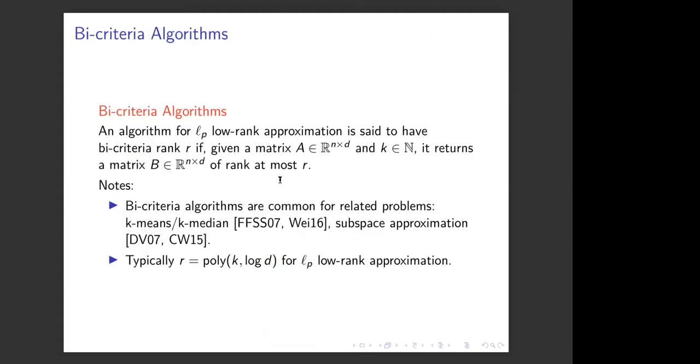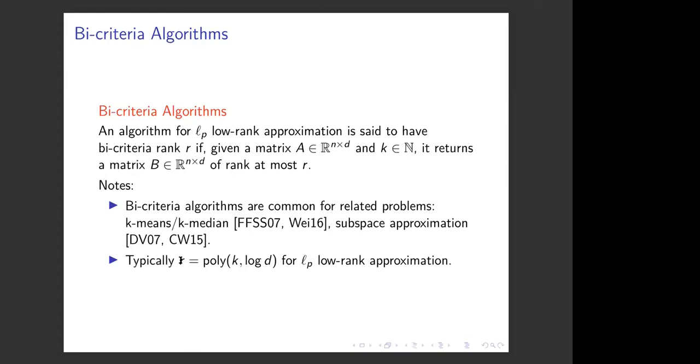So because of that, we'll be making a compromise. We'll accept bicriteria algorithms. What I mean by that is if you have a matrix with n rows and d columns, and you have a desired rank parameter k, then instead of returning a matrix of rank at most k, you're allowed to return a matrix of rank at most r, where r is slightly larger than k.